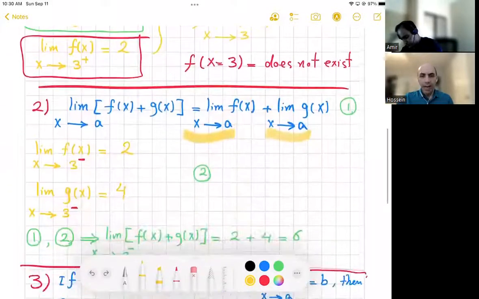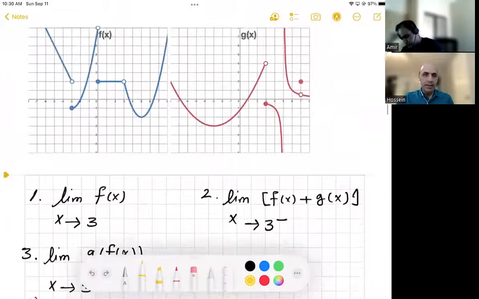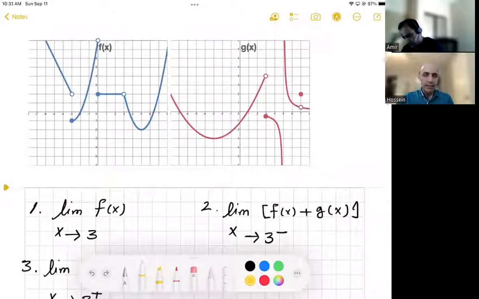I wanted to add something. When you go back to f of x, when x is approaching 3 from the right side, f of x is approaching 2 from the left side, basically. It is approaching 2 from values less than 2.